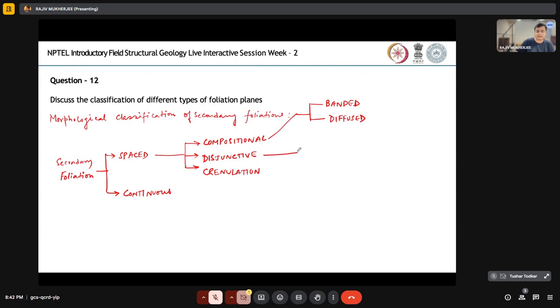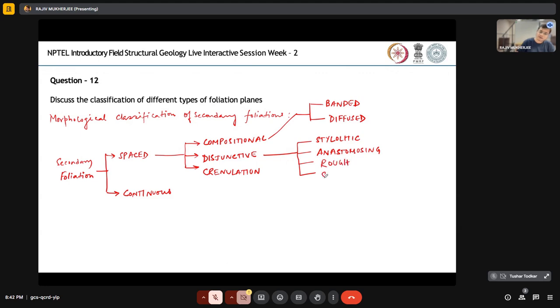Disjunctive spaced cleavage can be categorized into four classes. The first one is stylolytic. Second one is anastomosing. The third one is rough disjunctive.